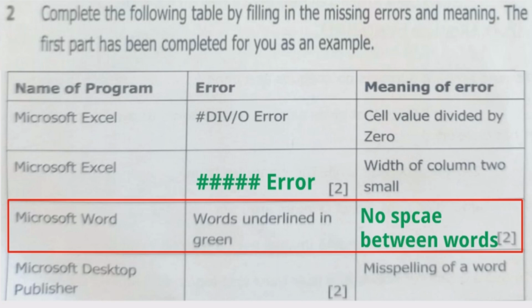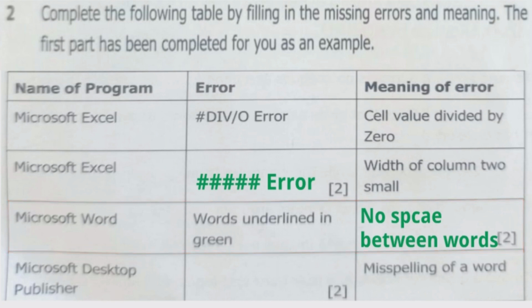So if there is no space between words, you will see words underlined in green. And if also there is wrong grammar, you see that line again. So the basic one there is I can even remove wrong grammar, but if there is no space between words, then that will be underlined as well.